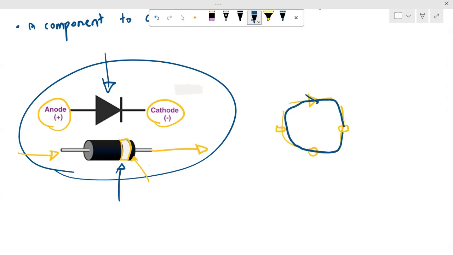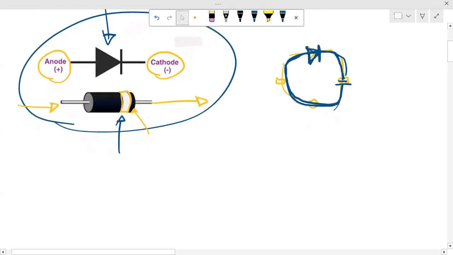You can think of the diode as like an arrow pointing in the direction where the current will flow. Another important thing to keep in mind is the direction of the battery. As we know, it flows from positive to negative. The current leaves the battery from the positive, goes through the diode, and enters the negative.